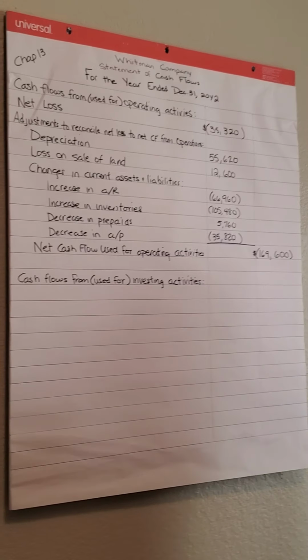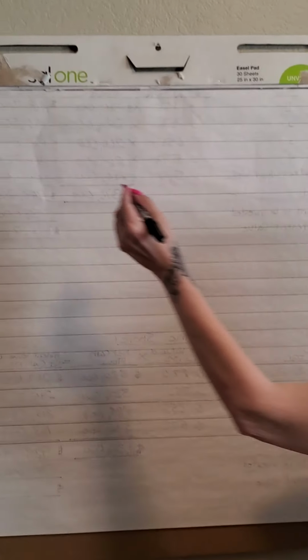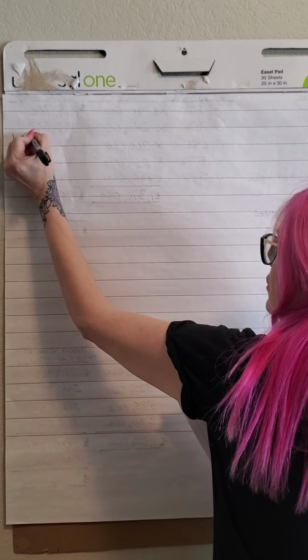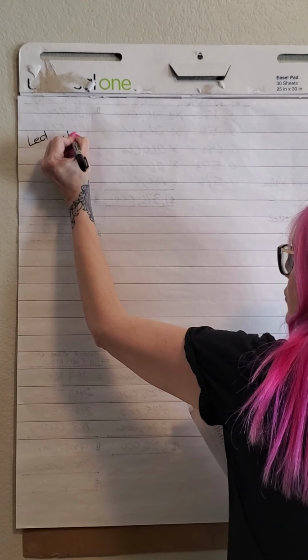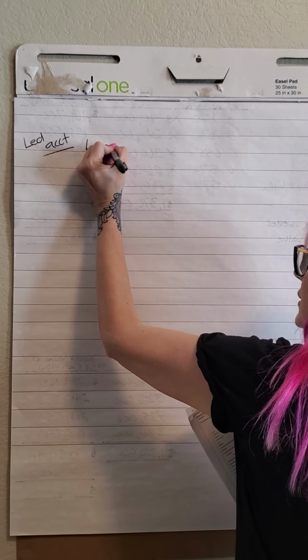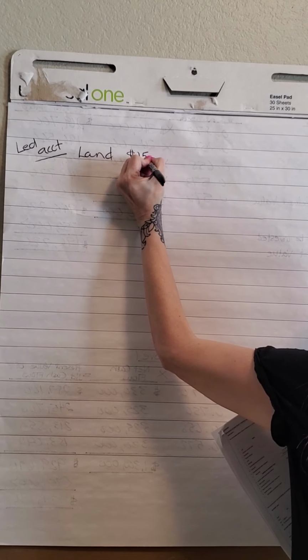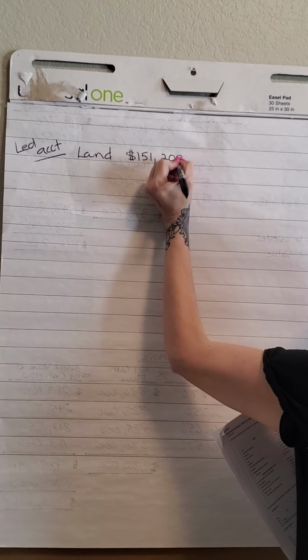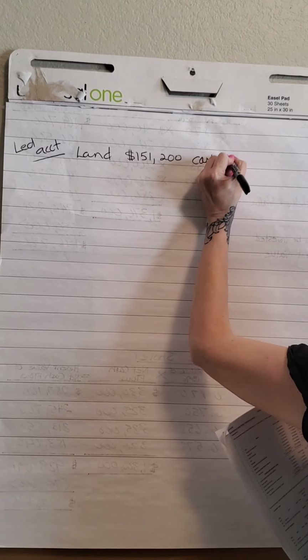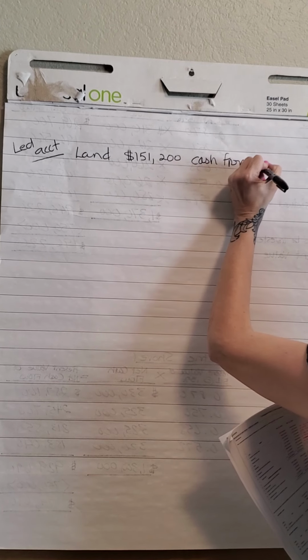So the first thing I'm going to look at, and I'm going to put a ledger account here. So I'm going to go back to land. And in the land account where they recorded that sale, they also said they realized $151,200 in cash from the sale. So we have $151,200 cash from sale.